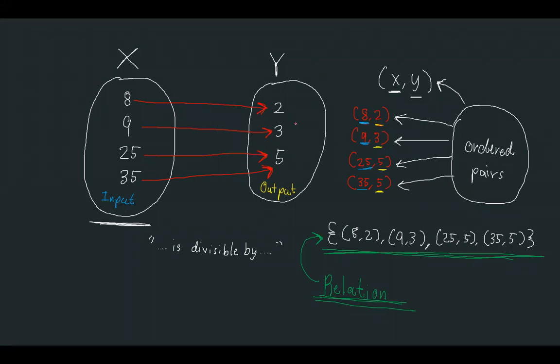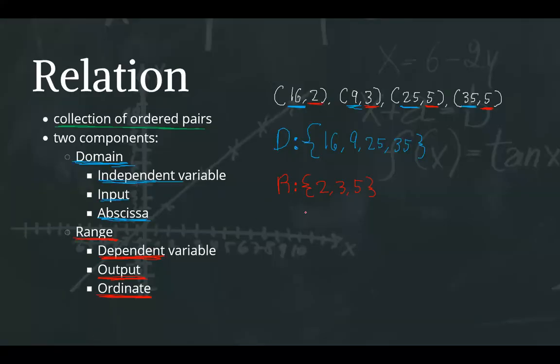While in this set, they are the ones matched by the elements in set X, so this set Y is represented as the output. As you can see, the output numbers are located on the right side, while the input numbers are located on the left side. All right, so that's it.